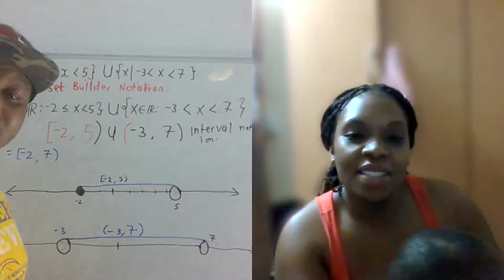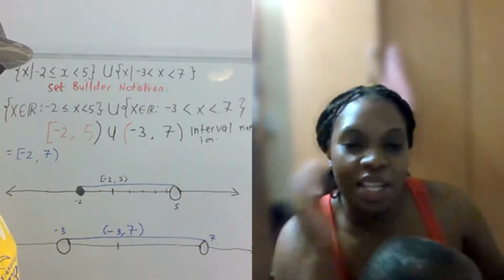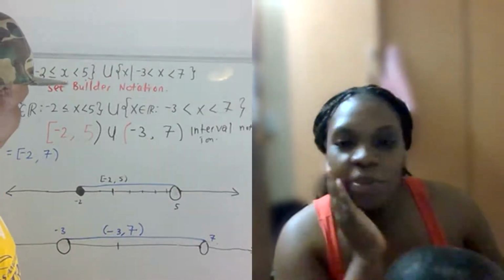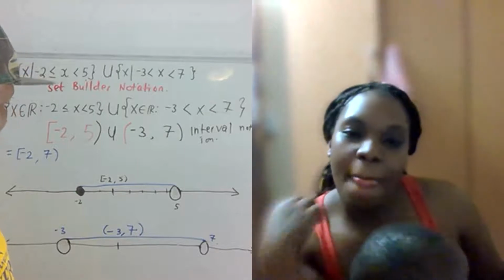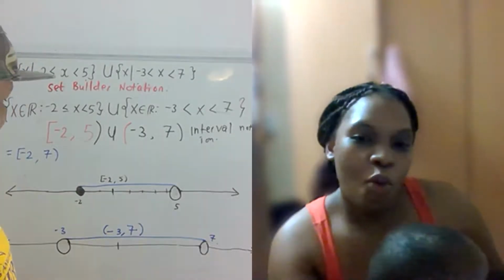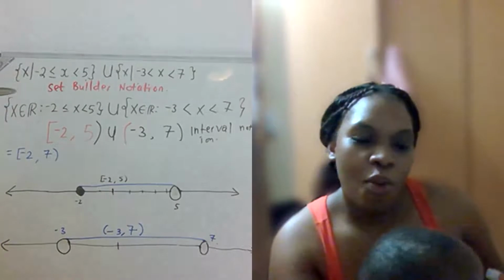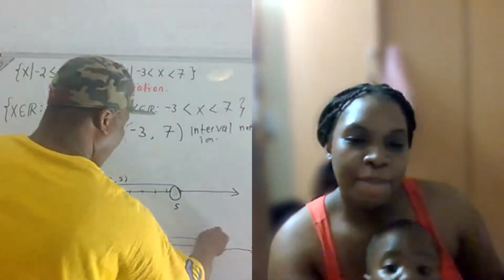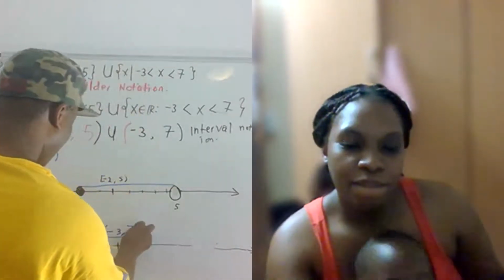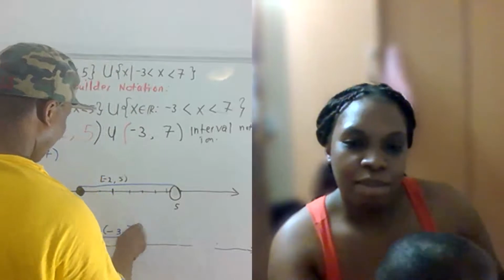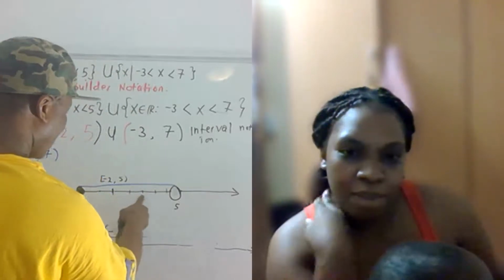You see the set from -3 until 7. If they said from -3 until 4, okay. So this is -3 until 7, and this is 0, 1, 2, 3, 4.